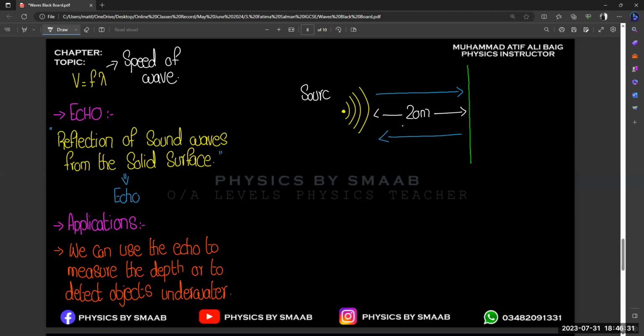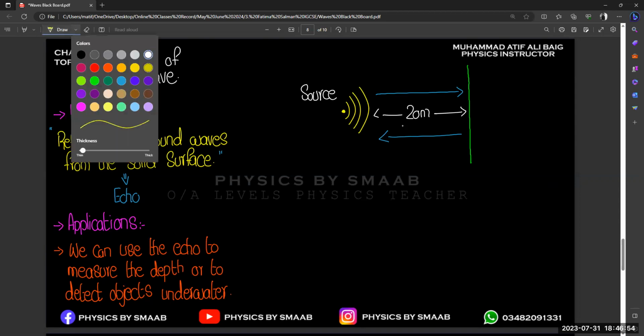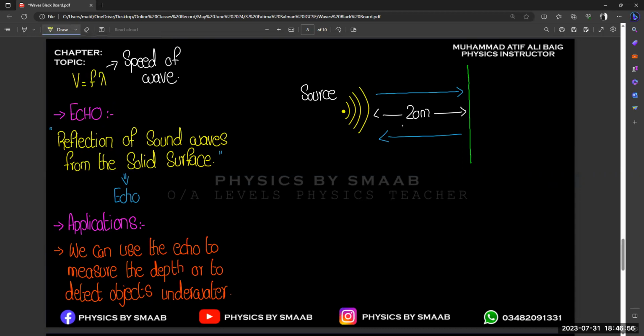And let's suppose you want to find out the speed of sound or any unknown quantity here. For this concept, you need to multiply the total distance by 2, because sound travels the same distance two times, right? It travels twice the same distance. So that is the only difference between the formula of echo and the general formula for the speed of sound.